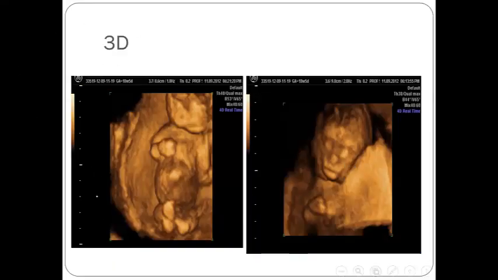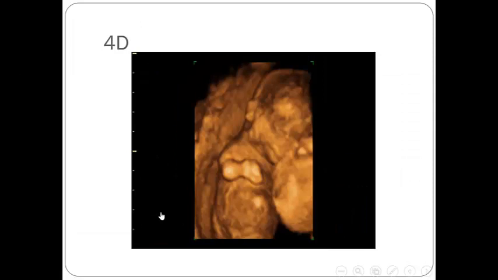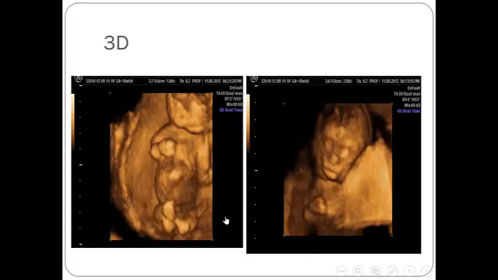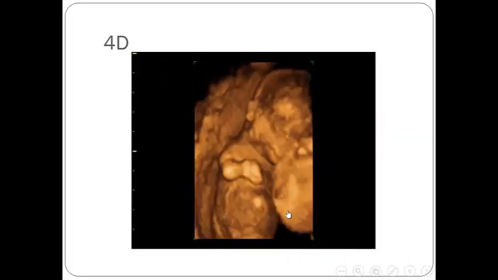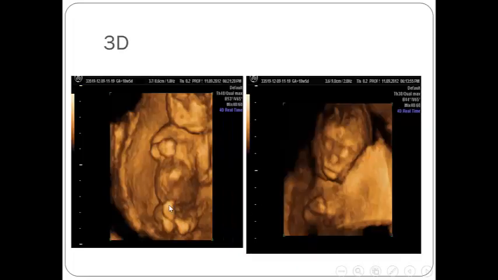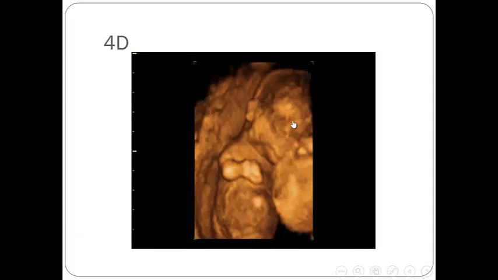This is the 4D of the case. And here there are short limbs, short limb dwarfism. Why is the video not working? We have the brain apparent within the skull here, with a protuberant abdomen due to the presence of ascites.